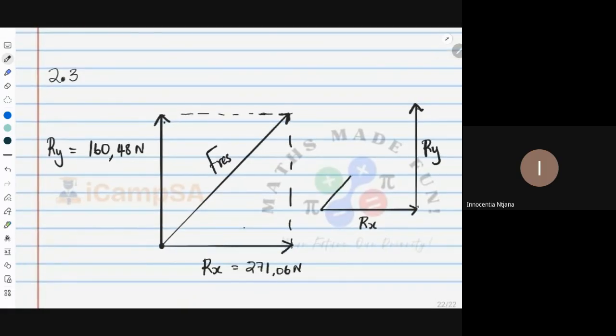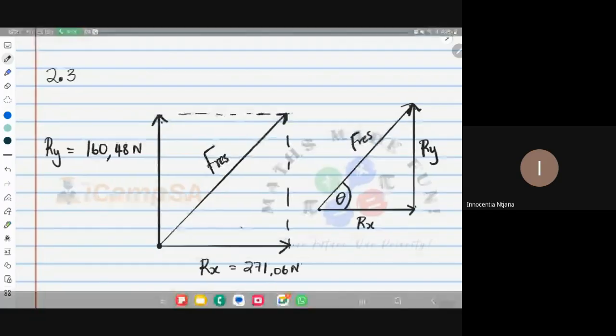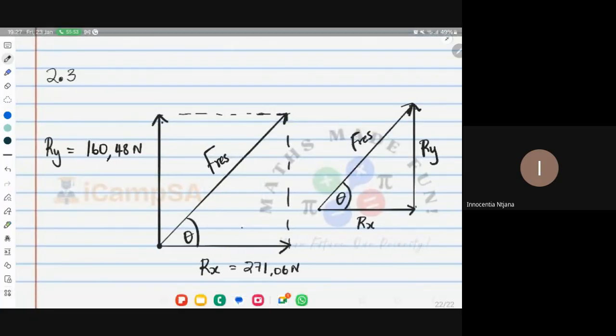So like this. Yes, much better. So that's our F resultant. Then you can put your theta here. These two diagrams represent the same situation. So you choose which one makes more sense to you.